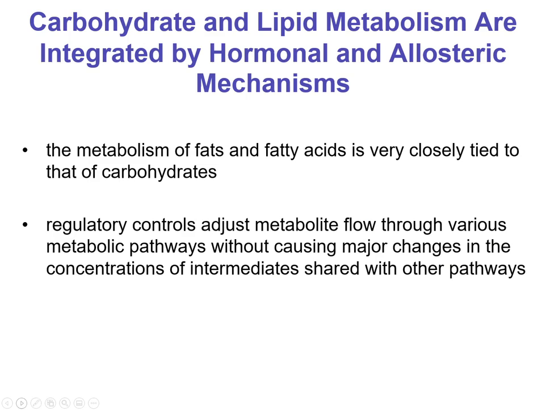Carbohydrate and lipid metabolism are integrated by different regulation mechanisms. So the metabolism of fats and fatty acids is very closely tied to that of carbohydrates. There are some linkers like pyruvate and acetyl-CoA. And the regulatory controls adjust the metabolite flow through all these various pathways without causing huge changes in the concentrations of the intermediates shared with other pathways.